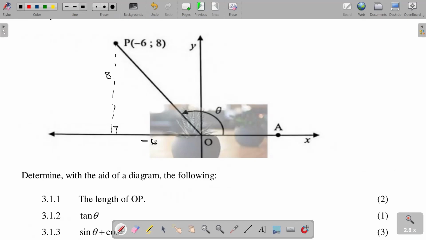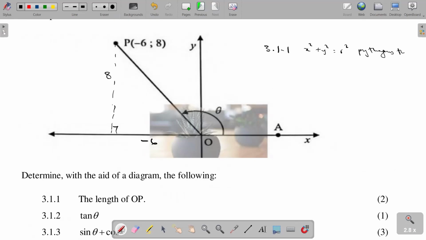To solve for OP, we are going to apply the Pythagoras theorem, that is question 3.1.1. So it's x squared plus y squared equal to r squared. This is Pythagoras theorem.